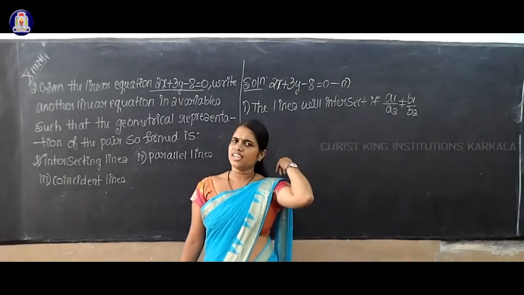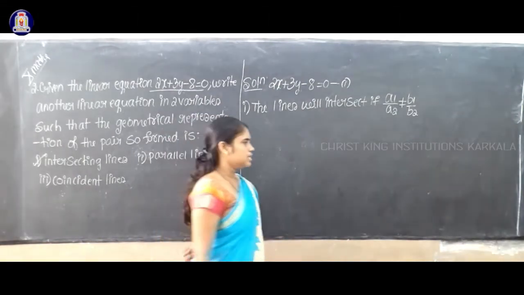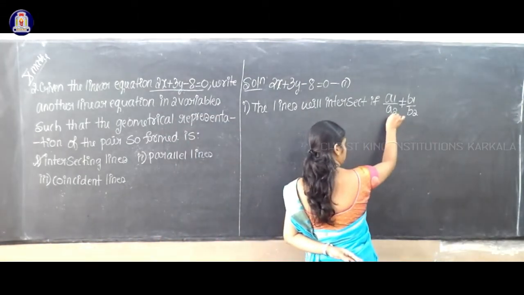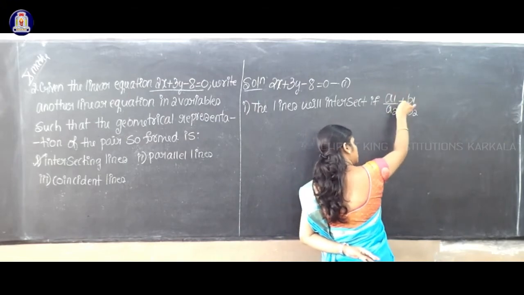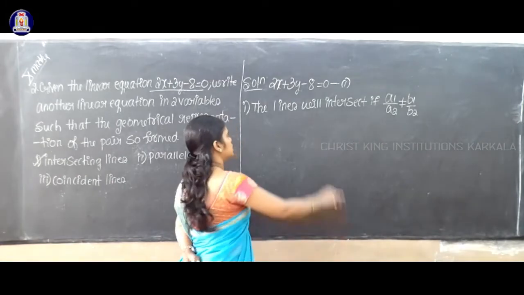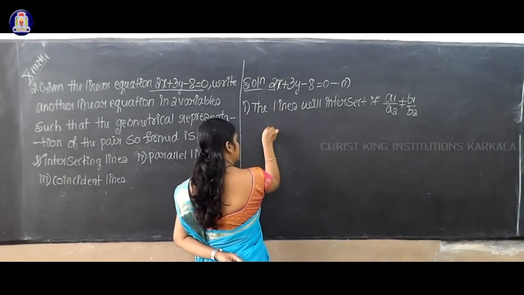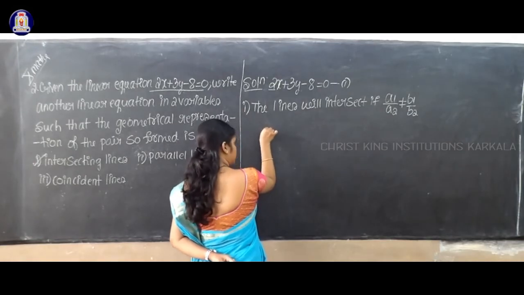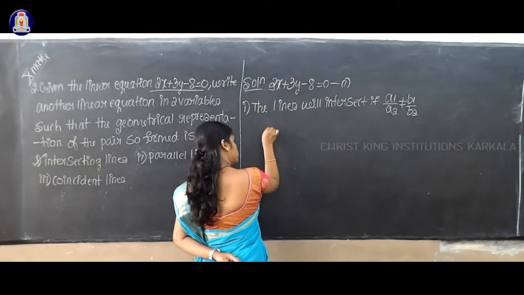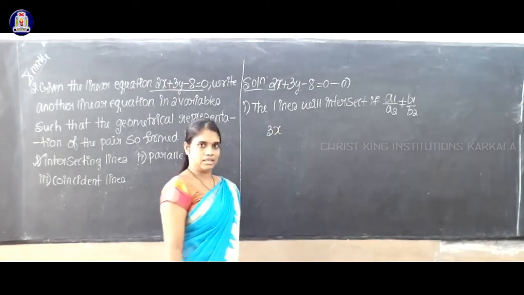So you can take any equation. Just look at the condition: a1 by a2 is not equal to b1 by b2. So here a1 is nothing but 2, isn't it? While you are generating the new equation, instead of this 2, you can consider any number. I will consider 3x.